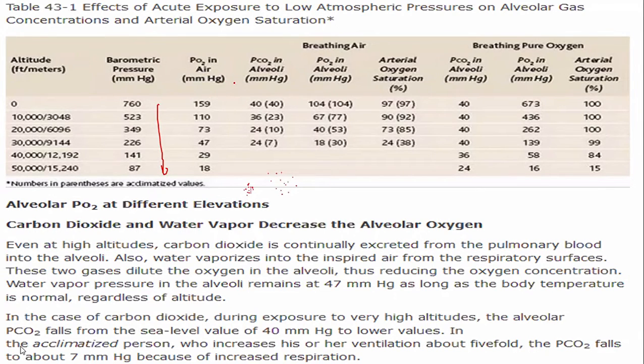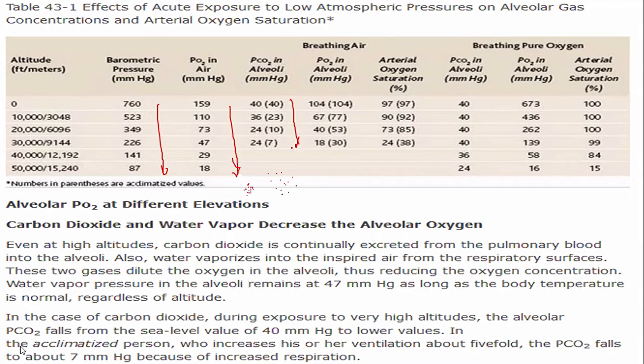So what happens to the oxygen? It's decreasing. Look at this. The pressure of oxygen and the pressure of carbon dioxide are also decreasing. Why? Because you are gasping for air.